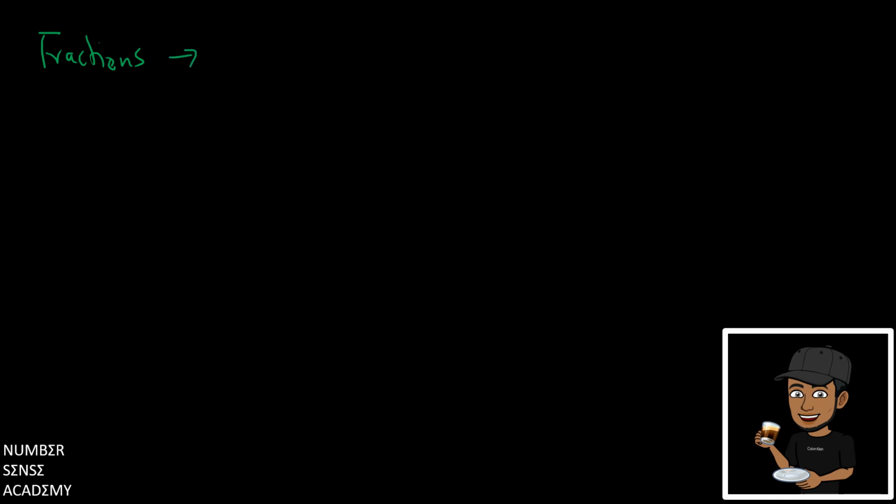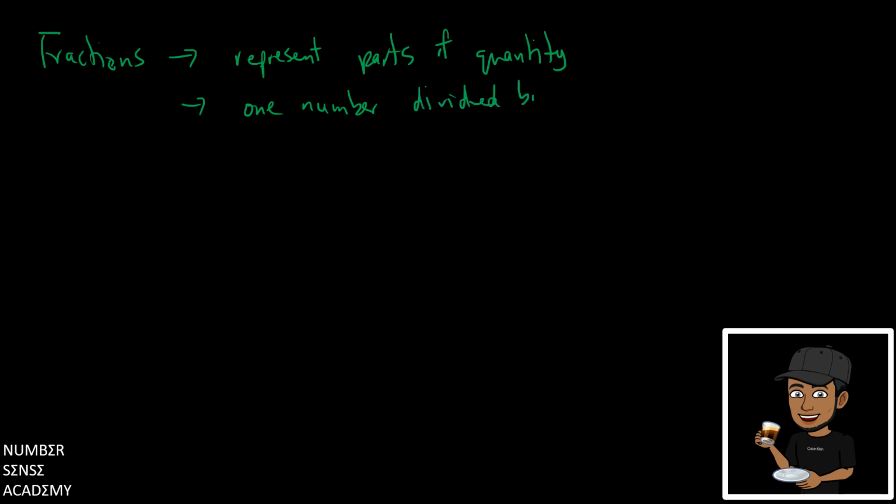Fractions are a bigger group; you could roll up irrational numbers and rational numbers into fractions. Fractions represent parts of a quantity, and it's just two numbers, one number divided by another, which means that fractions can be rational, they can be irrational, and since it's one number divided by another, they can be real or imaginary.